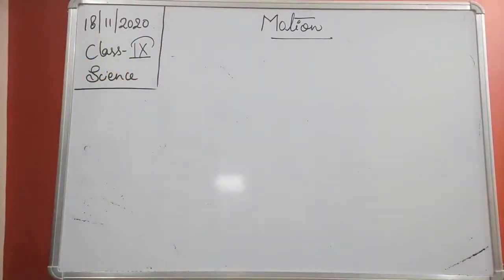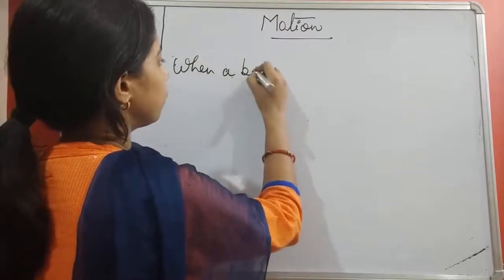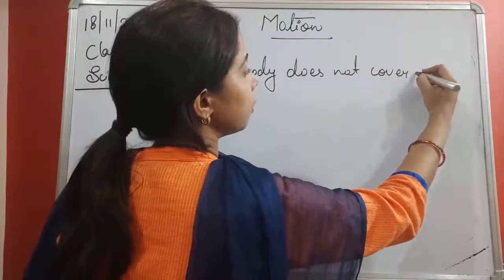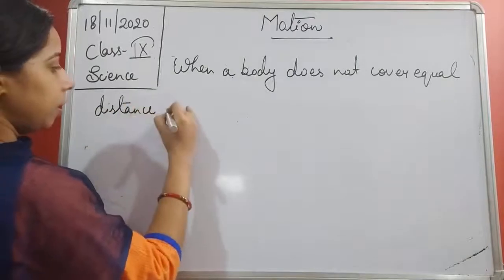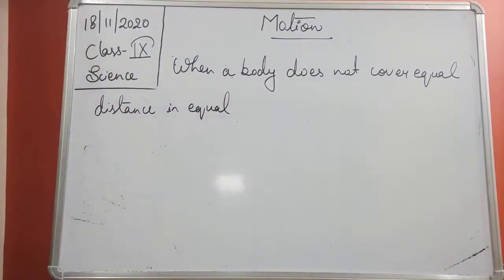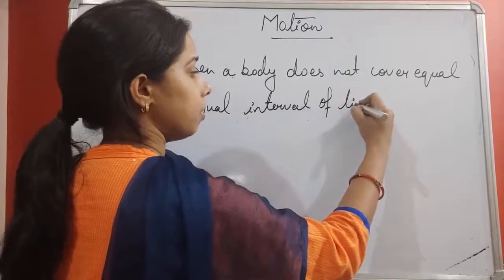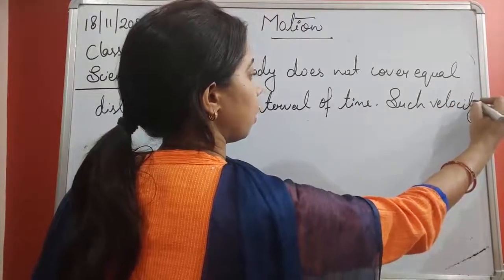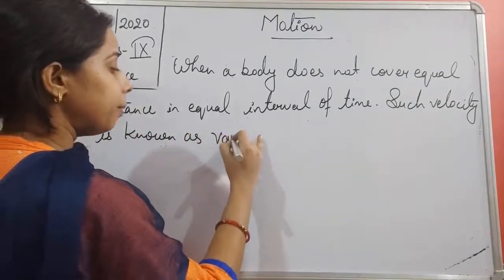The definition of non-uniform velocity is that when a body does not cover equal distance in equal interval of time, such velocity is known as variable velocity.